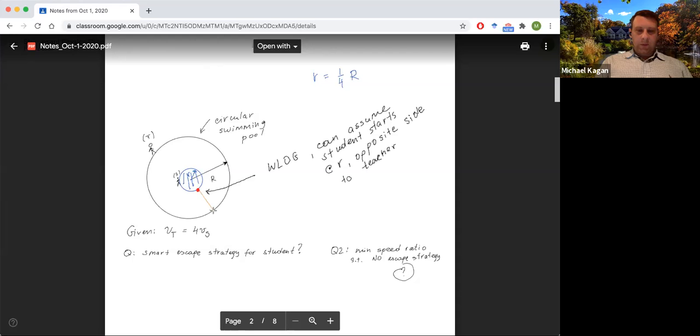So yeah, if the student swims along a diameter through this point, yes. So this orange line is the fastest path. Okay. Or the shortest path to escape.